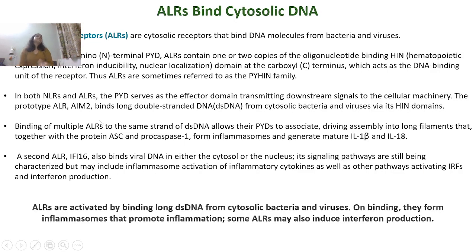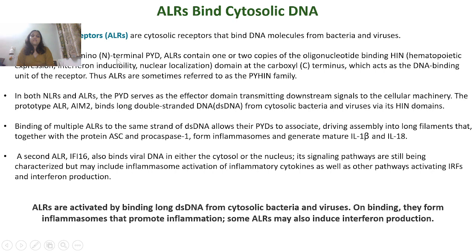So then we came to know about the TLRs or the toll-like receptors, the RLRs or the RIG-I-like receptors, the NOD-like receptors, and the C-type lectin receptors. Now we are coming to know about ALR or the AIM2-like receptors. AIM2-like receptors are also cytosolic receptors that can bind DNA molecules from both bacteria as well as viruses.